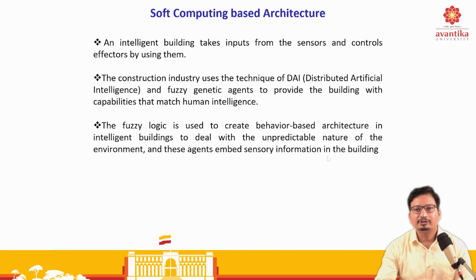Okay, so on the basis of soft computing approaches, the infrastructure architecture is also built so that if any natural calamity occurs, including an earthquake or other calamities which generally occur by nature, that building can handle it.